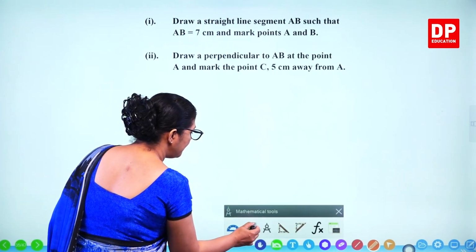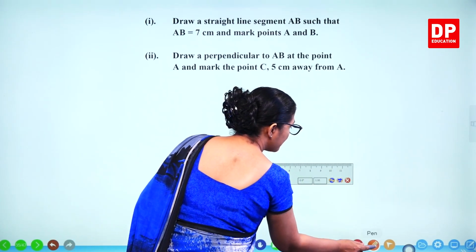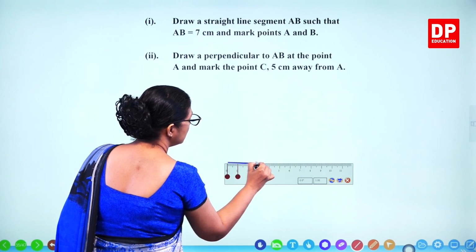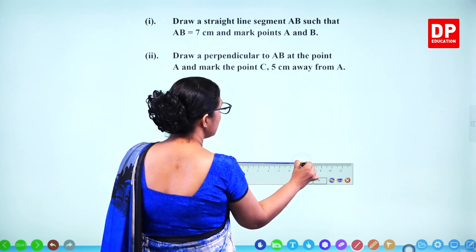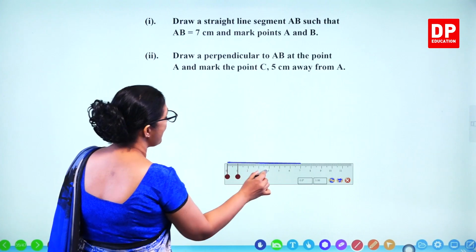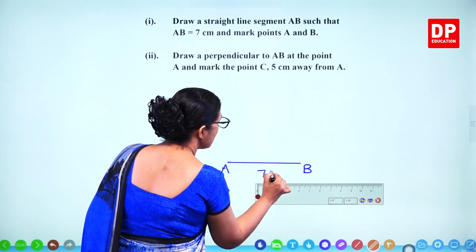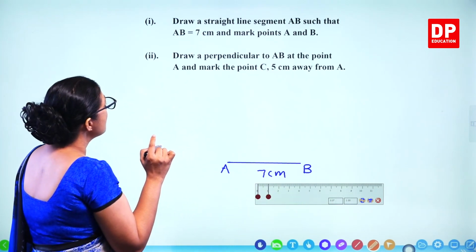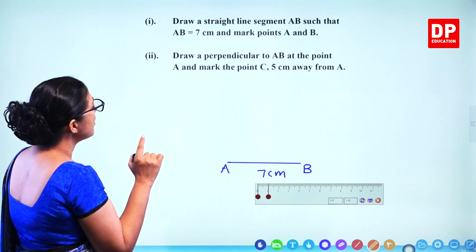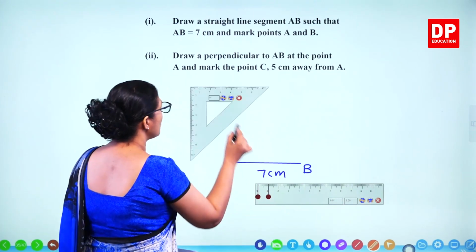So you take the ruler. Draw 7 centimeter length. So I can start from here. So 7 centimeters here. So 7 centimeter length, and label. This is A, this is B, 7 centimeters. Draw a perpendicular to AB at the point A and mark the point C 5 centimeters away from A. So you need the set square for that because it's perpendicular.